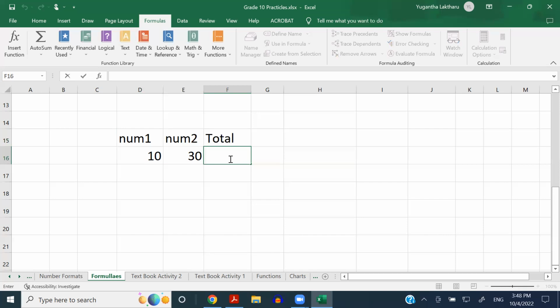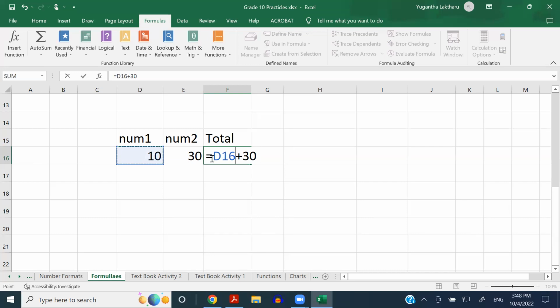So the way we know so far, we can write a small equation like equals 10 plus 30, which gives you 40, the obvious answer, right? But instead of writing the value, I'm going to write the cell address which contains the 10. So the cell address is going to be D16, this one.